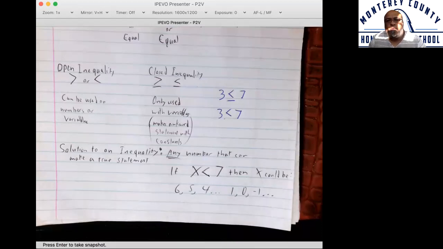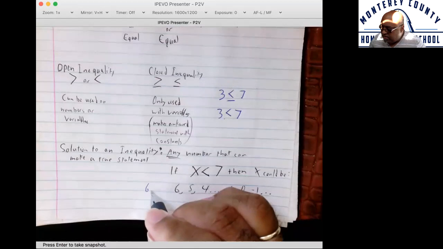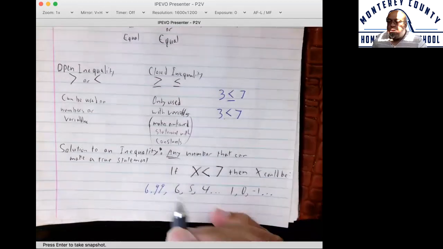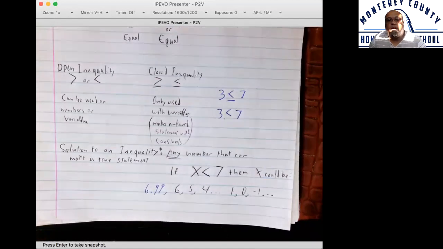Now if I want to get complicated and add fractional numbers or decimal numbers, like 6.99 is less than 7, well, I can put 6.99 on my list. Okay, the criteria here is that it has to be less than 7. So if you see an inequality statement, then if you put something in that makes it true, then you would have the solution to the inequality.